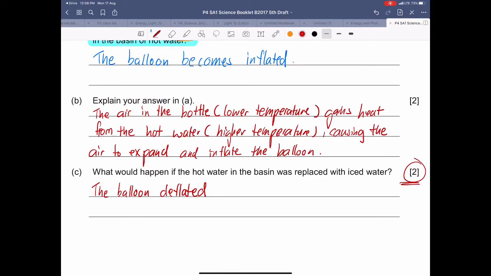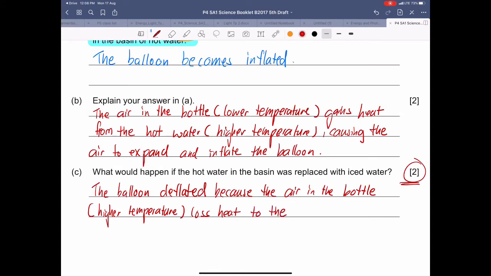The balloon deflated because the air in the bottle. Now this time round, is the air in the bottle at a lower or higher temperature? Higher. Good, higher temperature. Lost heat to the, where? Cold water.